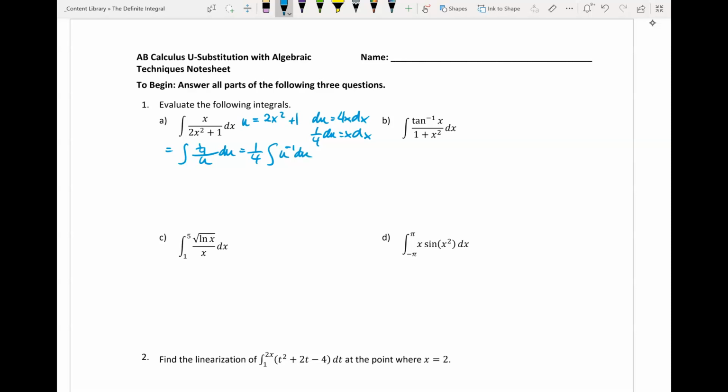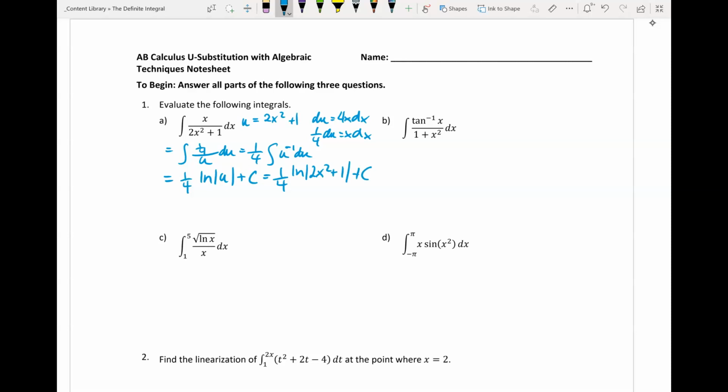So here, if we added 1 to this, we're going to get 0. So we're not going to use the power rule, the reverse of the power rule. This is actually the derivative of ln. So we're going to get a quarter ln, absolute value of u, plus a constant. Then we can put back the u, which is 2x squared plus 1. And that is our final answer.